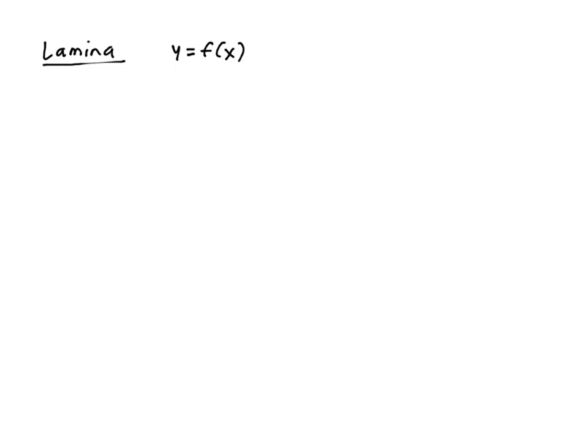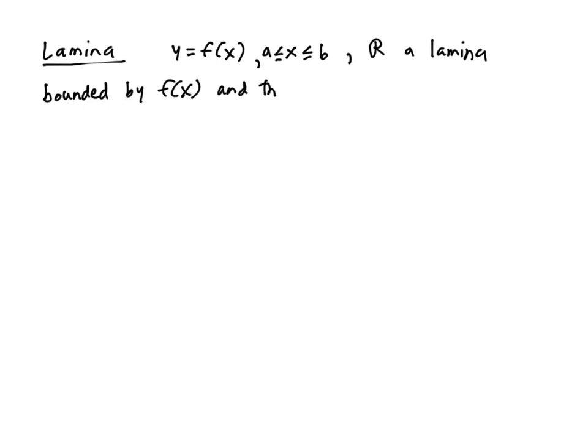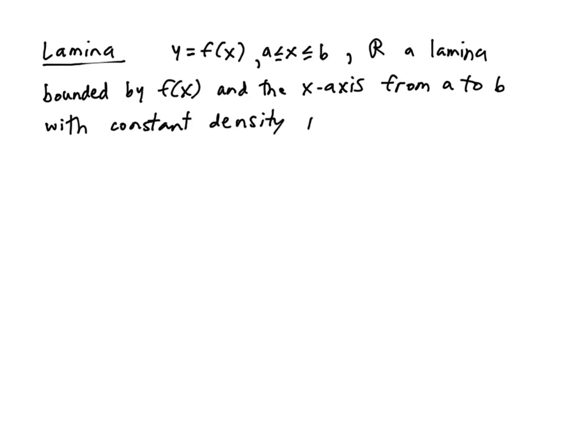Ours is going to be a function y equals f of x, where x is going to go from a to b, and R is going to be a lamina bounded by f of x and the x-axis from a to b with constant density rho.